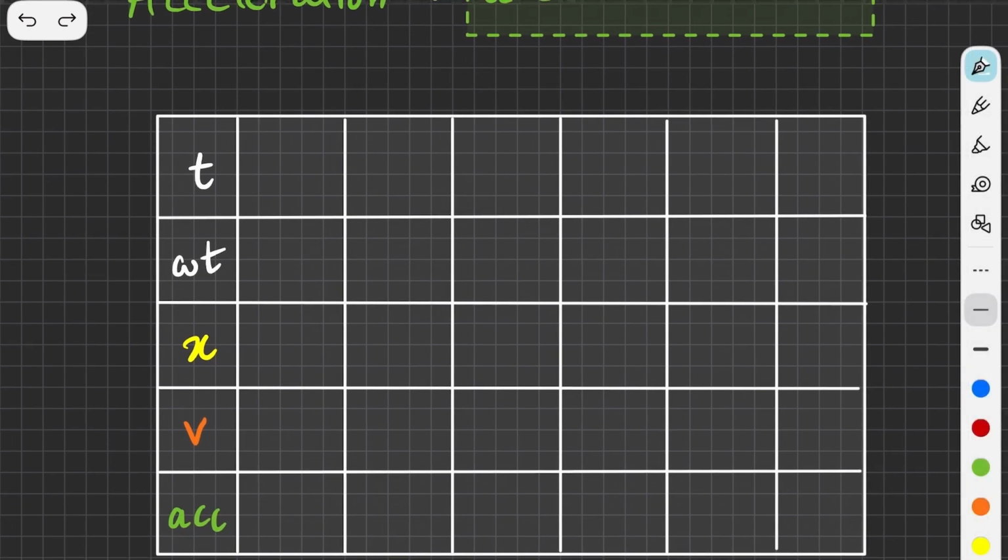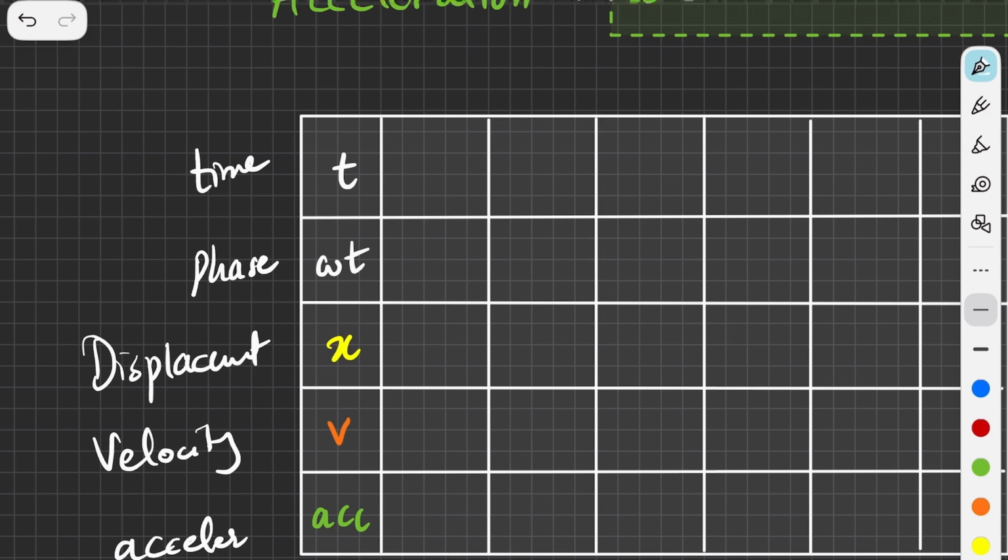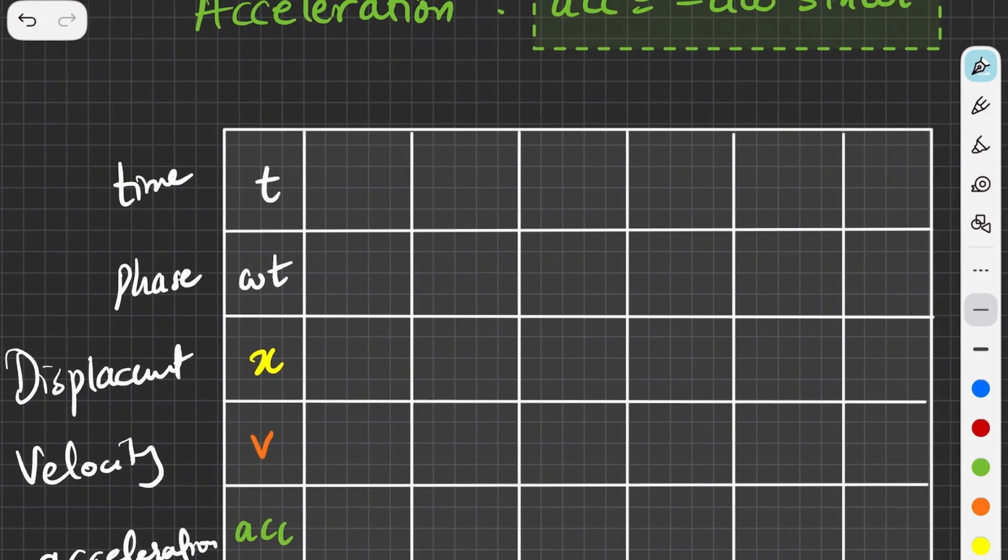In fact, this is also sometimes called phase. This is time, this is displacement, and then we have velocity, and we have acceleration. I have written all those things that we are going to assume.